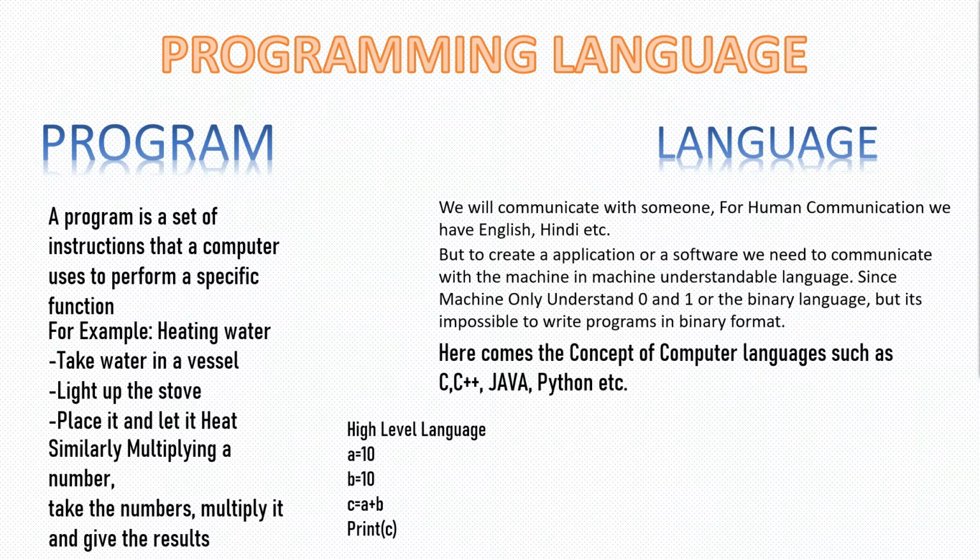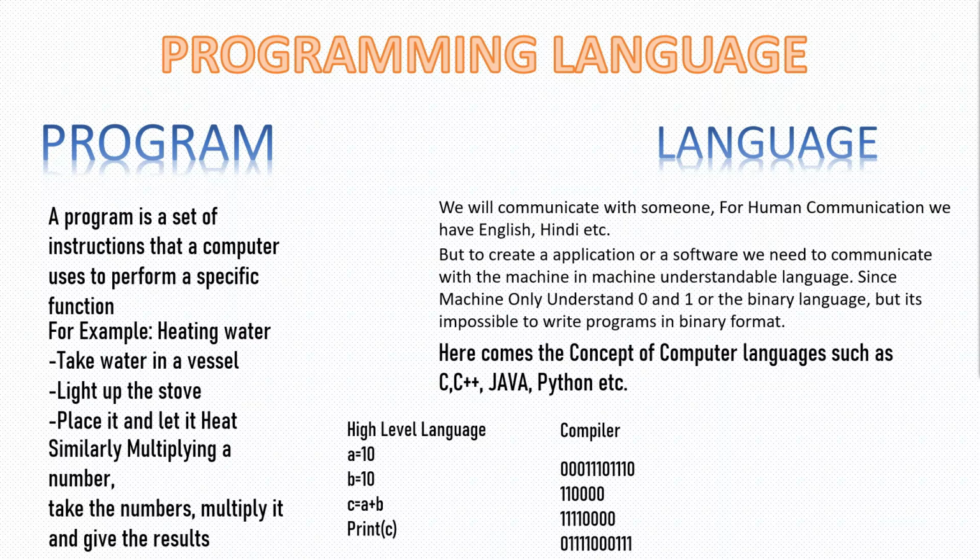For any programming language, it takes the high level language, such as a equal to 10, b equal to 10, c equal to a plus b, print c. These are human understandable, but they cannot be understood by the computer or the CPU. So here the role of the compiler comes. The compiler converts it into a machine understandable language.